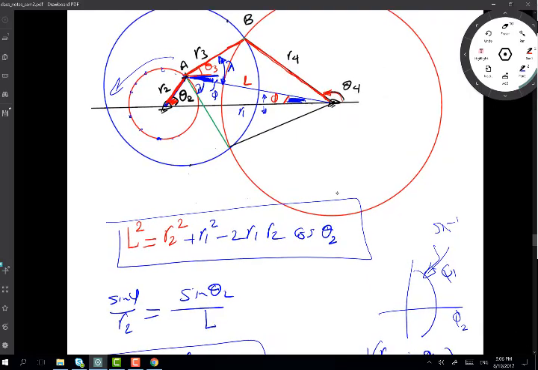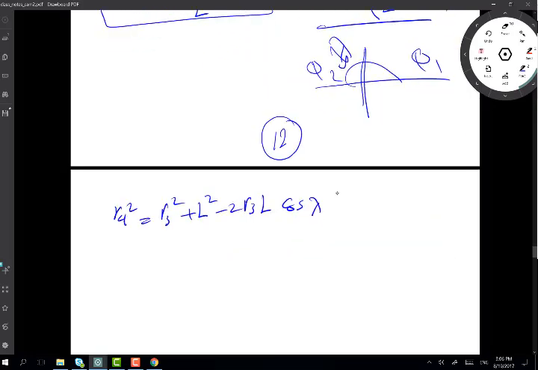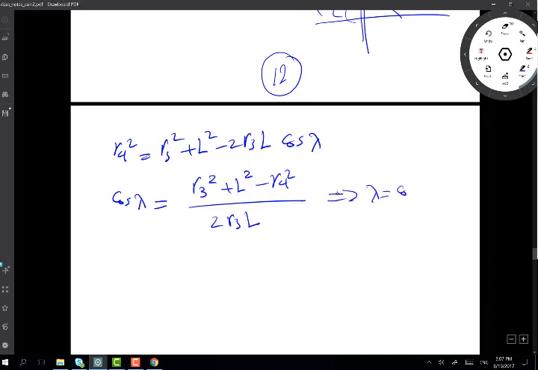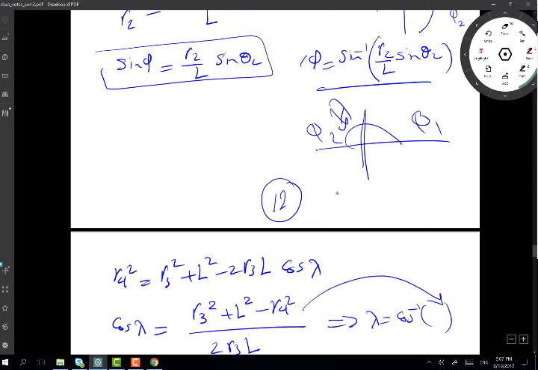All right, so then I can get an expression for cosine lambda: cosine lambda is equal to r3 squared plus L squared minus r4 squared over 2 r3 L. That's cosine lambda, and lambda is the inverse cosine of this expression. So it gives me an expression for lambda.